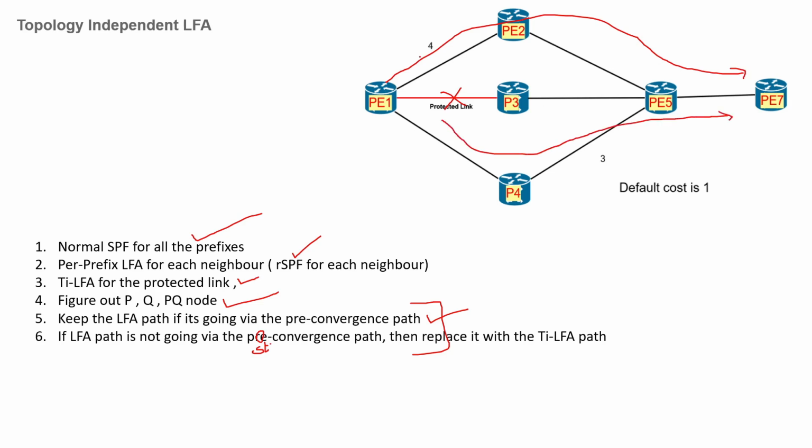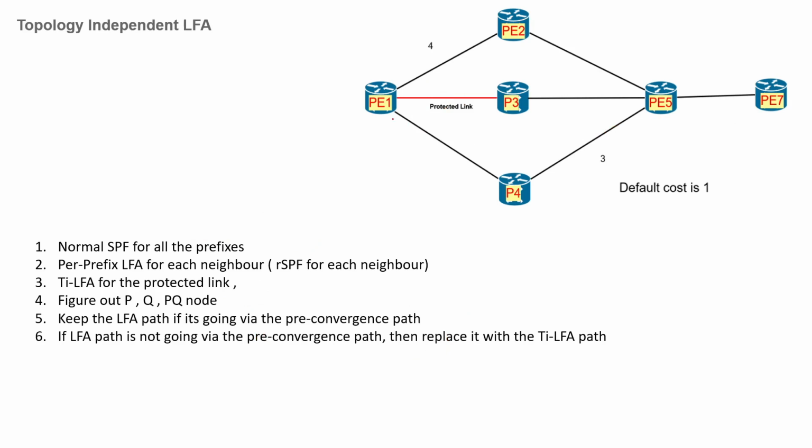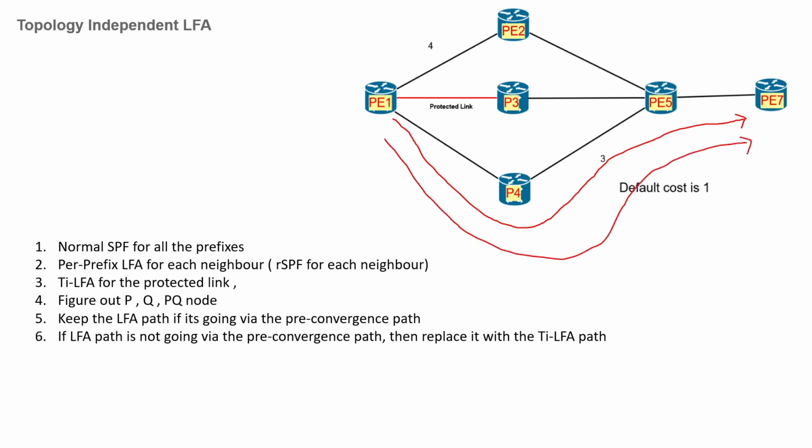So Ti-LFA will replace this LFA path with the Ti-LFA. But let's say LFA path is going via the same path, and post convergence path is also going via the same path, and then Ti-LFA also has calculated the same path. So most of the time it keeps the loop free alternate path.